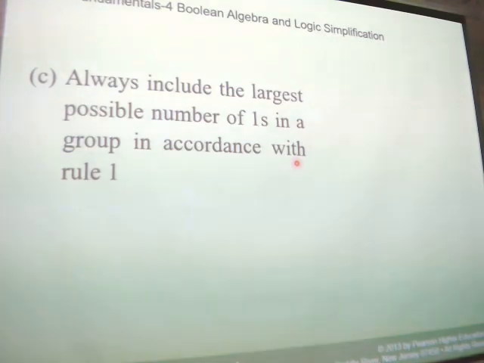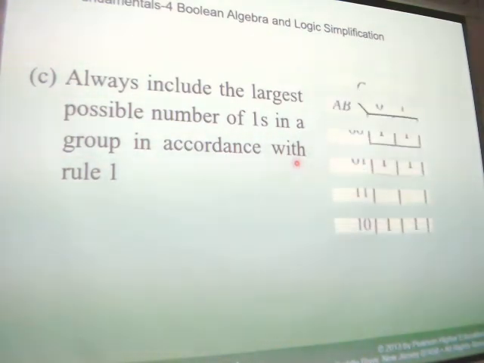Rule C. Always include the largest possible number of ones in the group in accordance with Rule 1. Include the largest possible number.